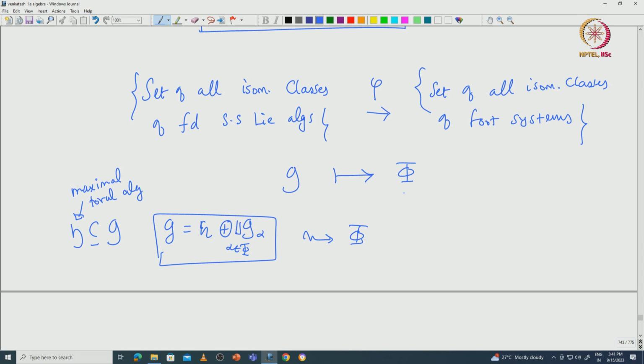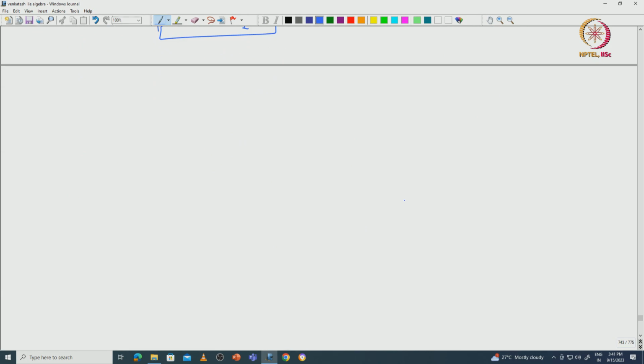For example, we have the notion of simple Lie algebras on the left hand side, and the notion of irreducible root systems on the right side. So we also have the simple ideal decomposition of G, and the irreducible root system decomposition of phi. We want to compare all these things. On the left hand side, we know that G can be written as G1 direct sum etcetera Gt, where each Gi is a simple ideal.